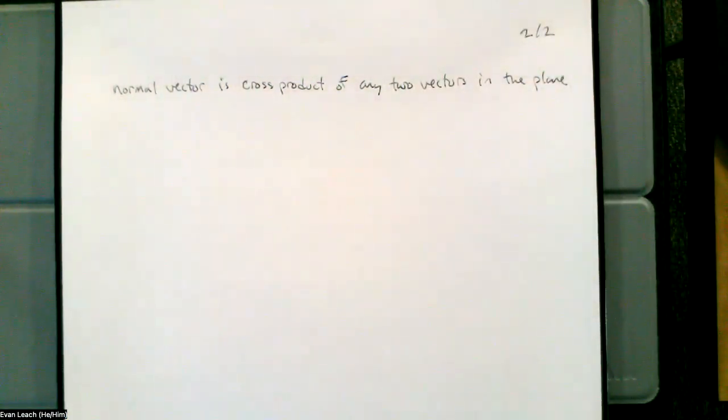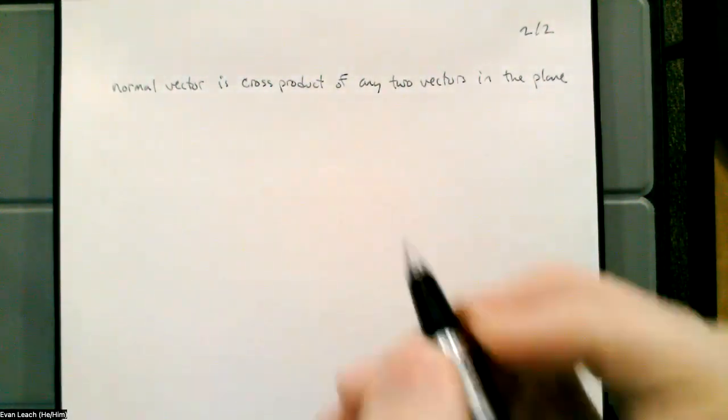So the normal vector is the cross product of any two vectors in the plane.